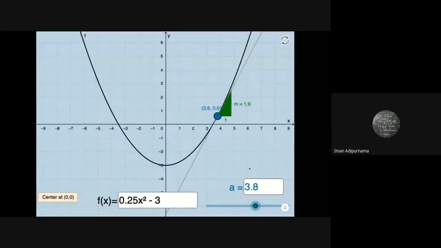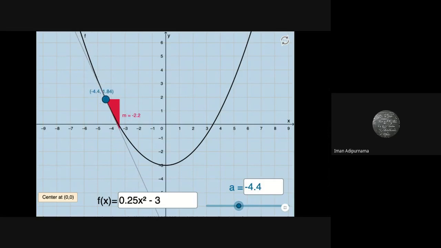Let me make it bigger. Okay, so every time the point moves, the tangent is changing. And you see exactly at that point, where x equals 0 in that graph, your tangent becomes horizontal, which means the gradient is 0.